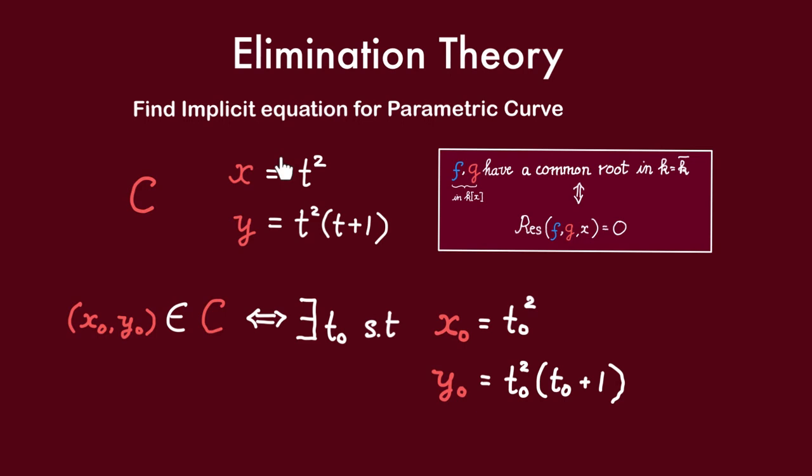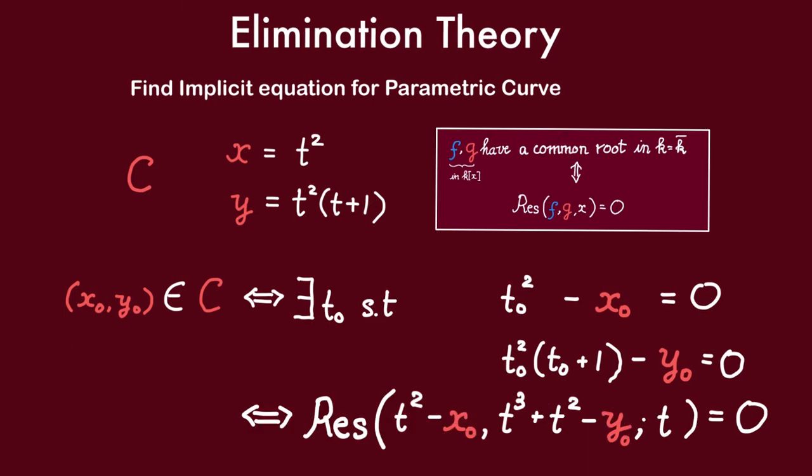Let us call this parametric curve C. Then saying that C has this parametrization is equivalent to saying that a given point x0, y0 lies in C if and only if there exists some time t0 such that the following equations hold. That is, if and only if the following polynomials have a common root, t0.